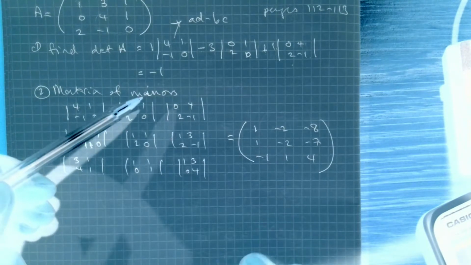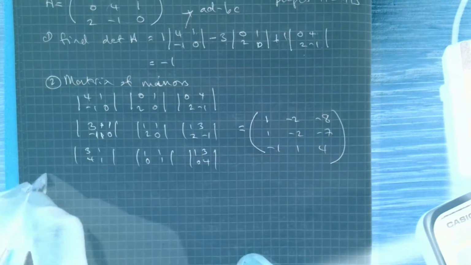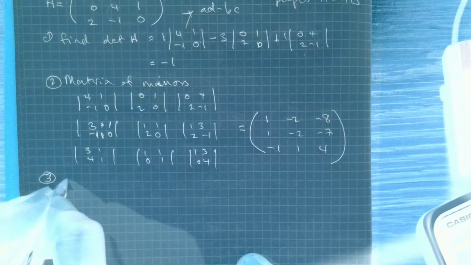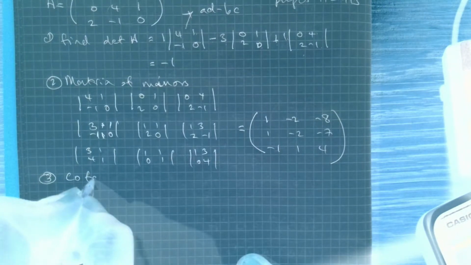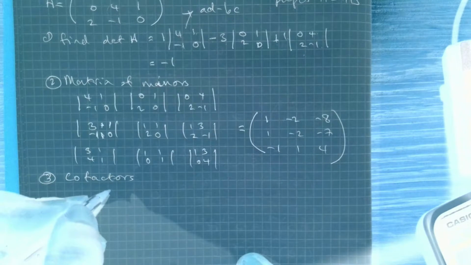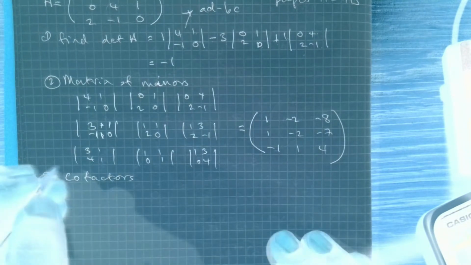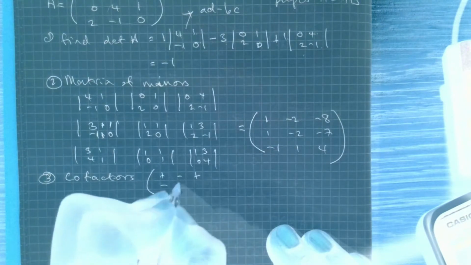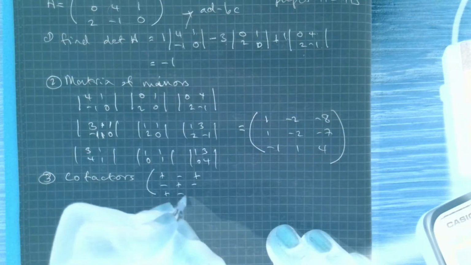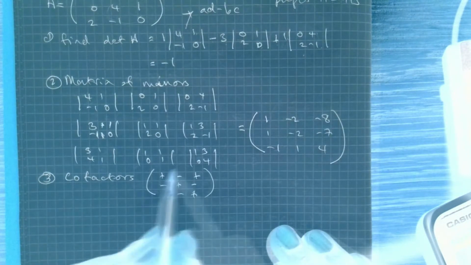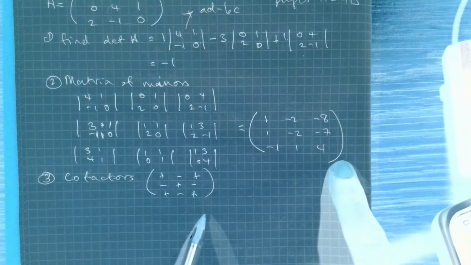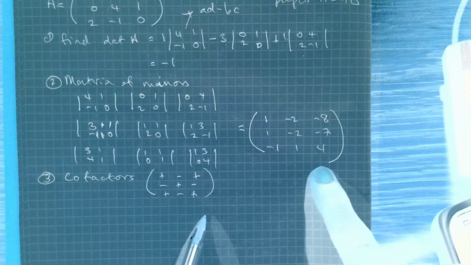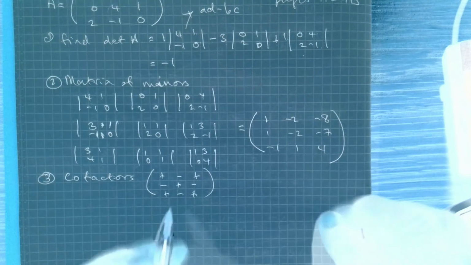Okay, step number 3 is we need to create the matrix of cofactors. That basically means you're going to use this pattern, plus, minus, plus, minus, plus, minus, plus, minus, plus, and then you just apply these signs to the numbers that are here. Some signs will change and some will reverse. The negatives will reverse the signs.